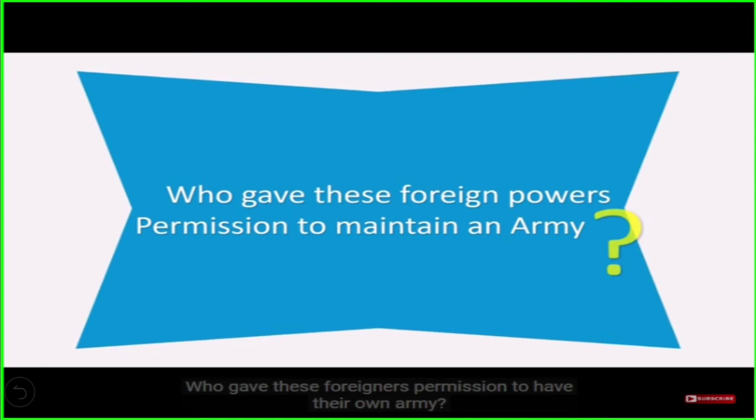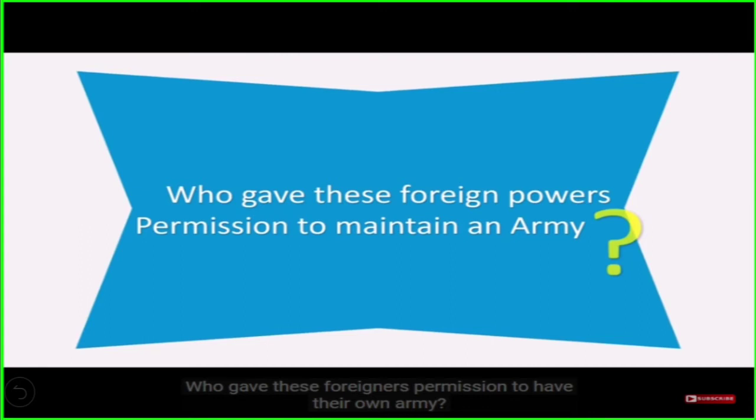So we were talking about the Britishers, who gave these foreign powers permission to maintain an army. So children, as we have seen, the Britishers came to India, they established their East India Company, then they settled, then they established their 3 factories. That was not enough.